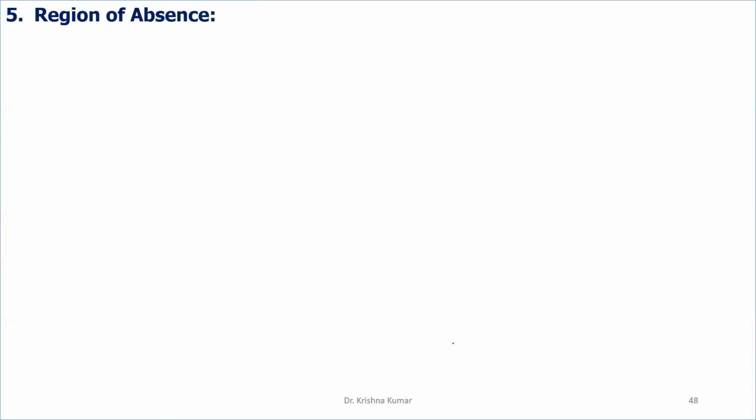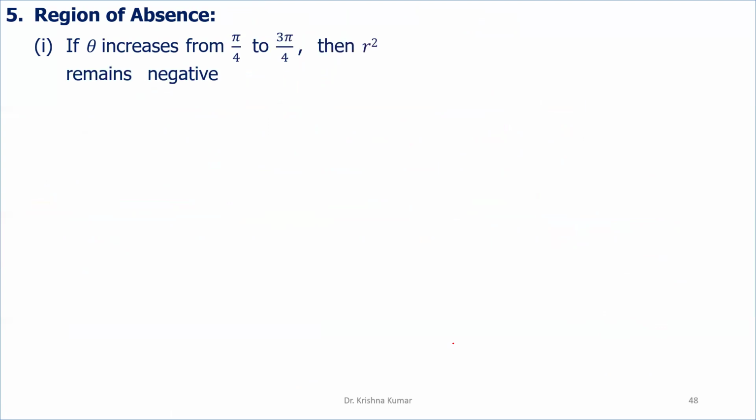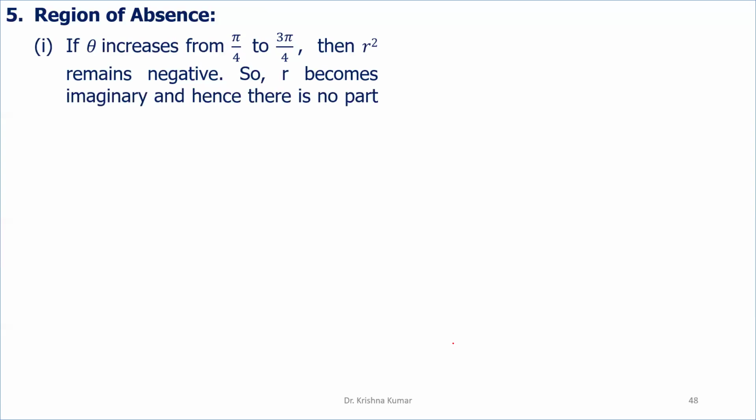Reason of absence. The first point: if theta increases from pi by 4 to 3 pi by 4, then r square remains negative. So r becomes imaginary and hence there is no part of the curve for pi by 4 less than theta and theta less than 3 pi by 4.